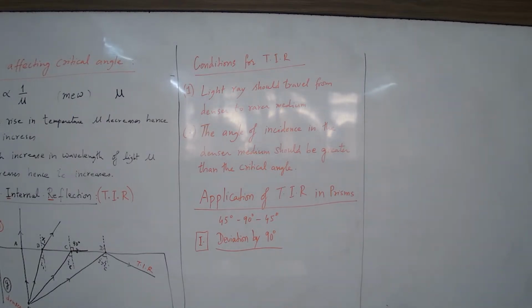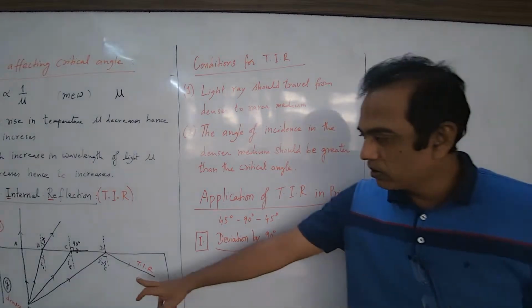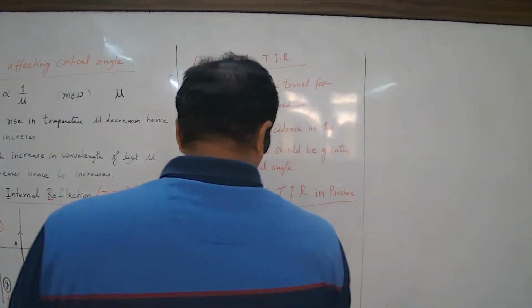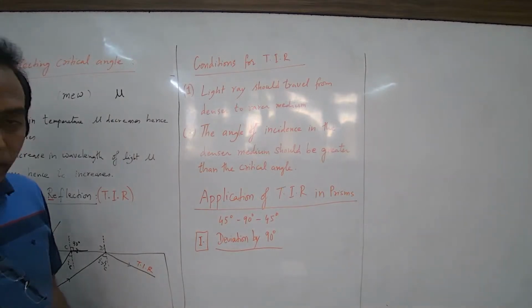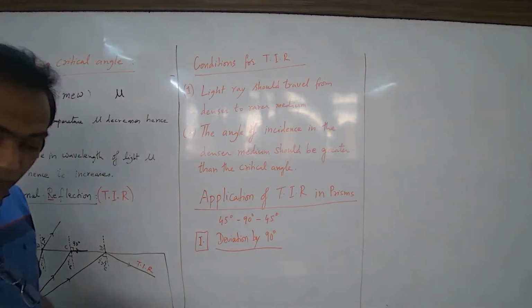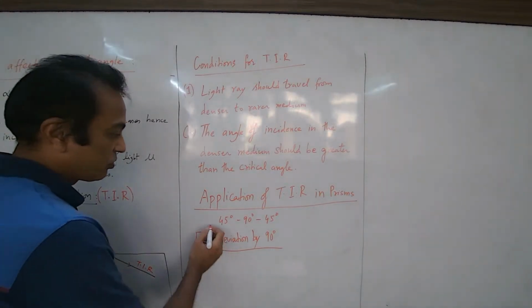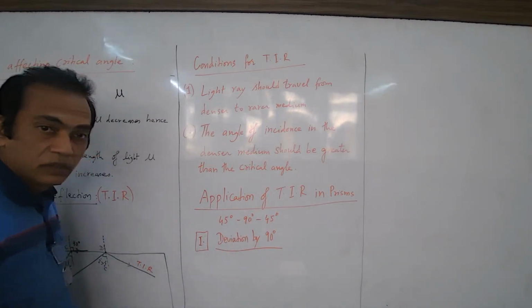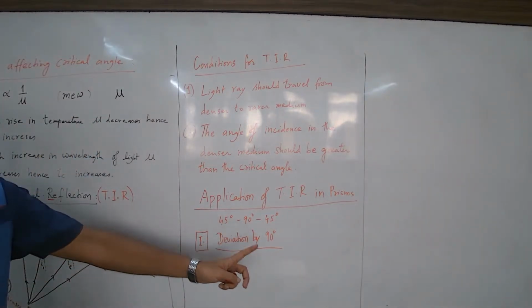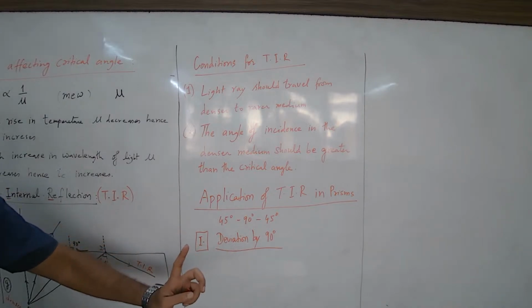We are going to learn the applications of total internal reflection. The first is deviation of the ray by 90 degrees. So we will use which kind of prism now? A prism with two angles of 45 degrees and one angle of 90 degrees.